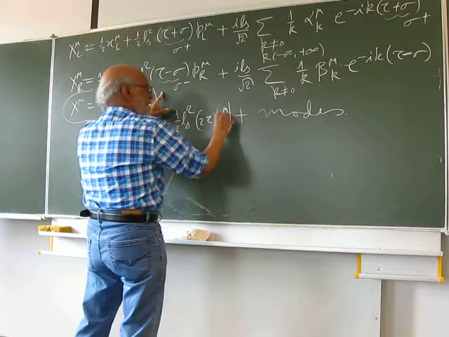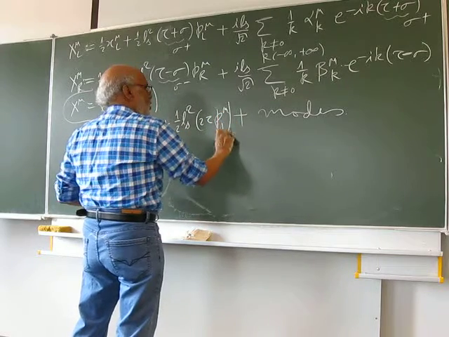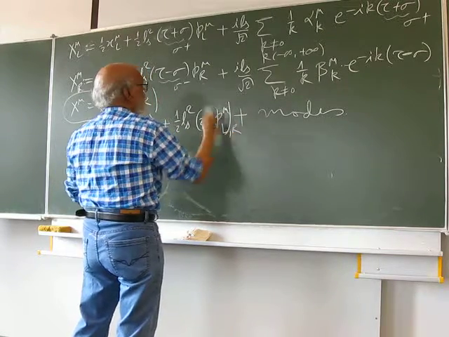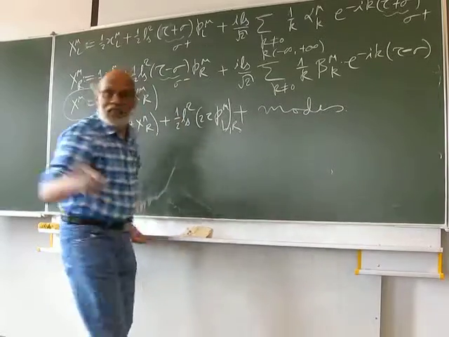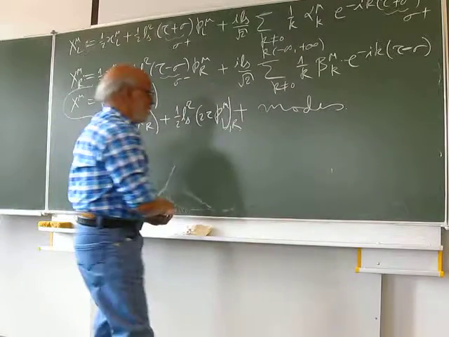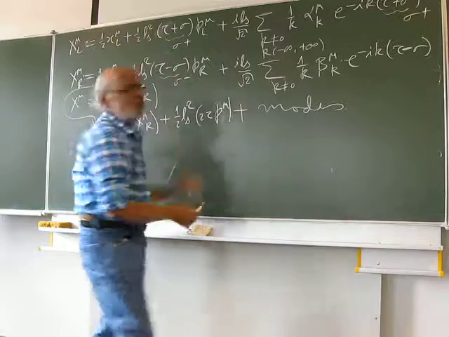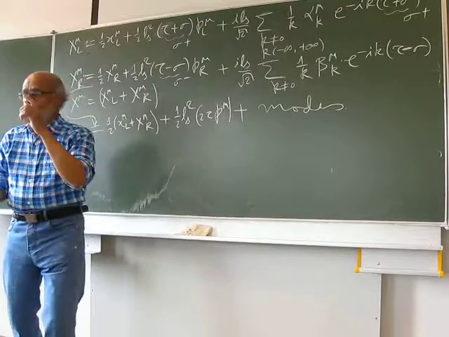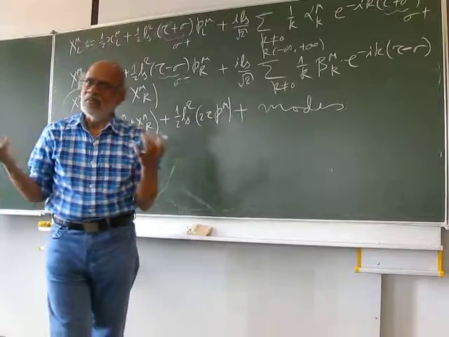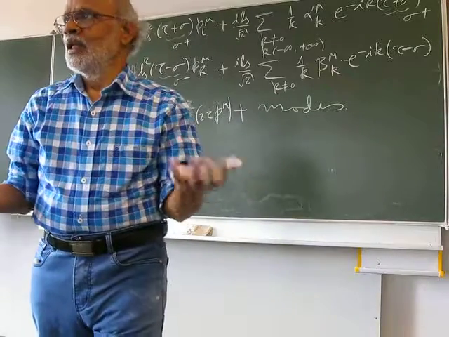Then let me not write L or R here. I am assuming this to be equal to this, but it may or may not be equal, so therefore I just leave it open, as the sum of these two terms. That's enough. Now physically, what is the meaning of all this?